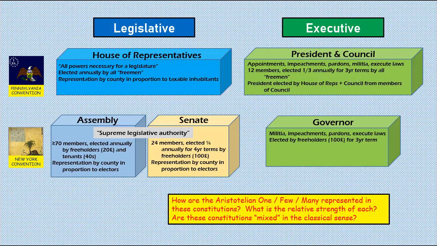The Senate is elected 1/4 of them every year for 4-year terms with a higher voting qualification as property qualification to vote. But both are distributed roughly equally by county in proportion to the number of electors based on a every 7-year census. The governor, on the other hand, is elected by freeholders for a 3-year term but has comparatively minor powers.